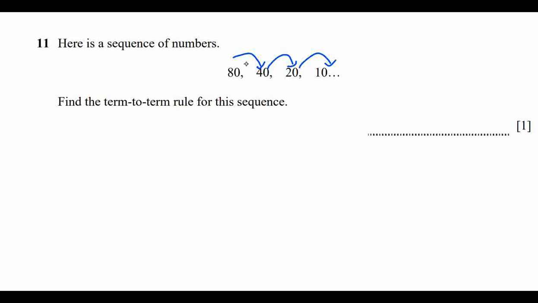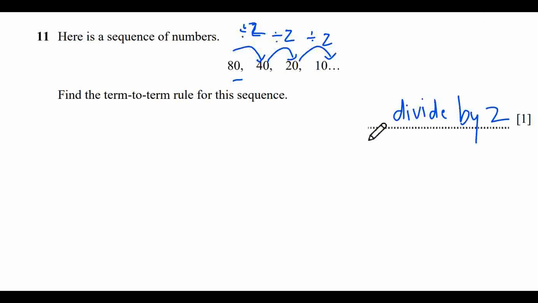But if we do the subtraction, 80 minus 40, and then this is minus 20, it's not the same number subtraction. So let's try with division. So 80 divided by 2 is 40. 40 divided by 2 is 20, and 20 divided by 2 is 10. So it matches all. It means the rule for the sequence is divide by 2. Alright, let's move on to next question.